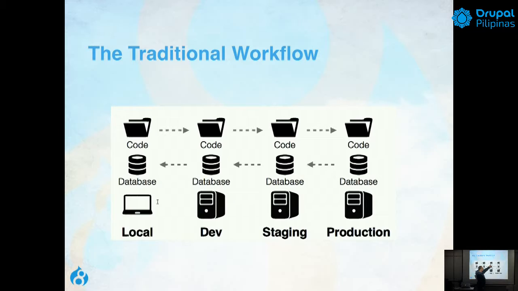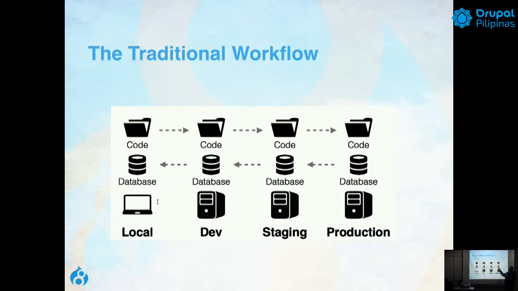So this is the flow. The code basically goes in the direction from your local machine, to dev, then to your test and live. Now your content, most of it is database driven.